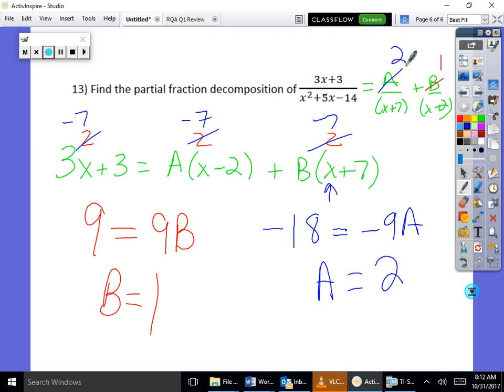I am perfectly fine with you just canceling them out. It doesn't matter which one. I could have had x minus 2 here and x plus 7 here. What just matters is that the 2 is with the 7 and the 1. Cool? Because we're not always going to factor. We're going to get the same 2 factors, but you might have seen the minus 2 before you saw the plus 7. Okay. Good?